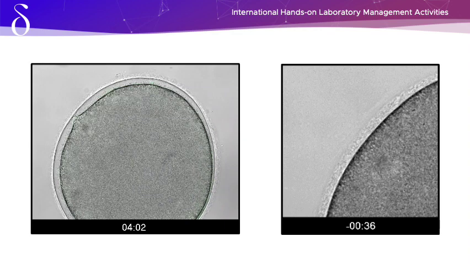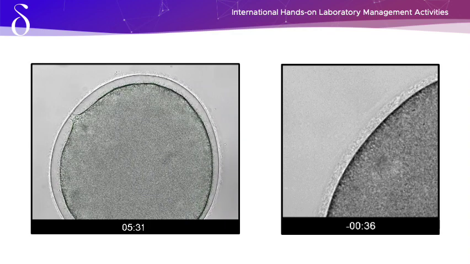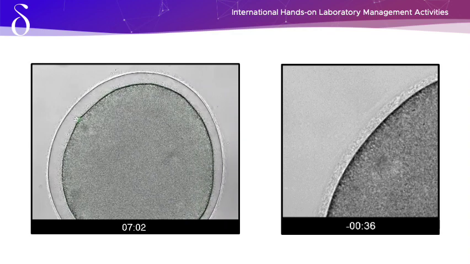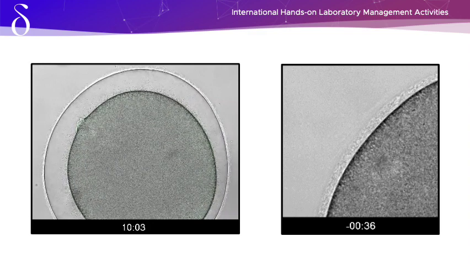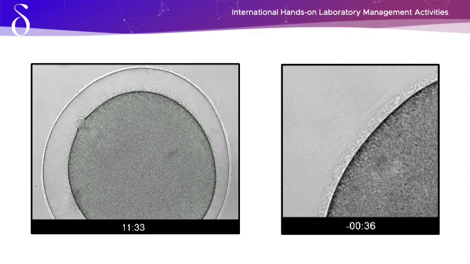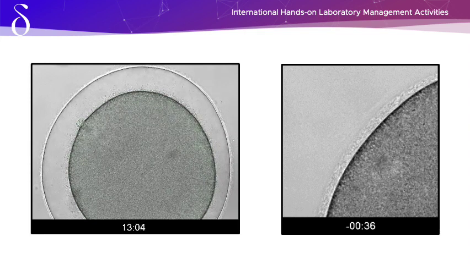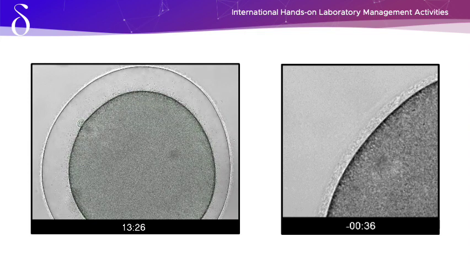And the sperm hits basically the jelly coat, pushes out a long tubule, very long tubule in this animal, the acrosomal tubule that goes right through the surface of the jelly and the vitelline coat and hits the membrane and activates the egg.